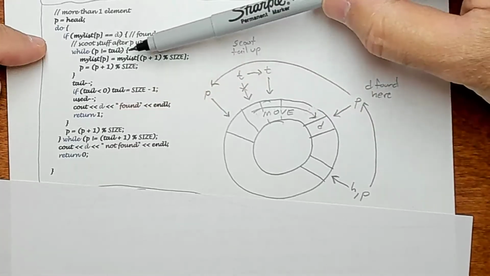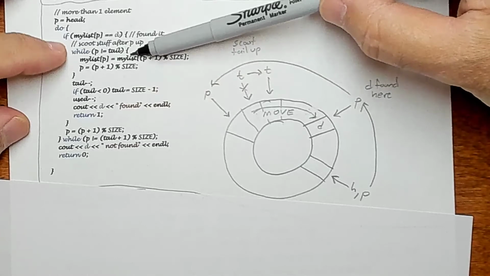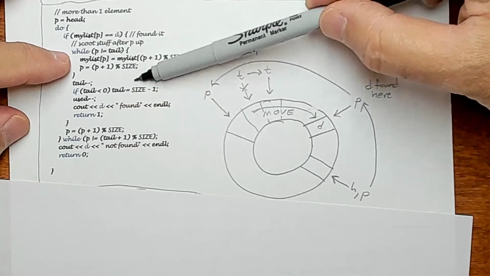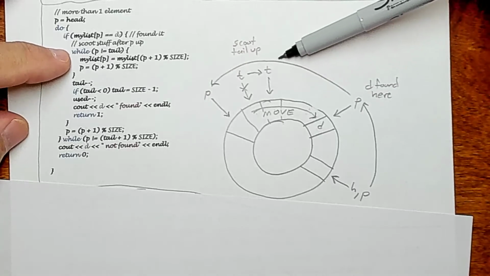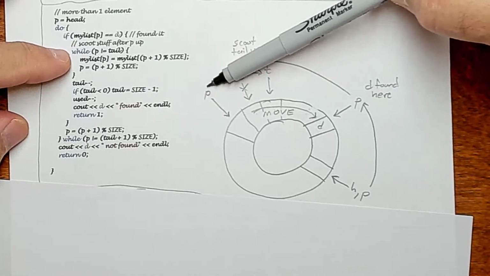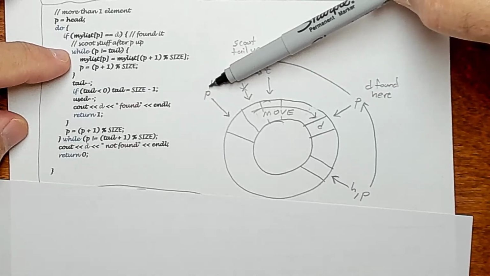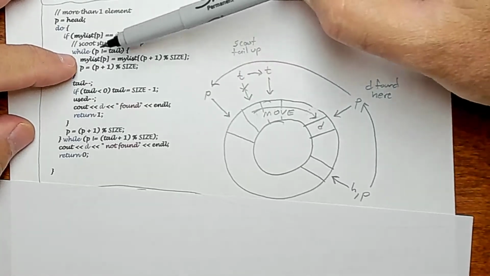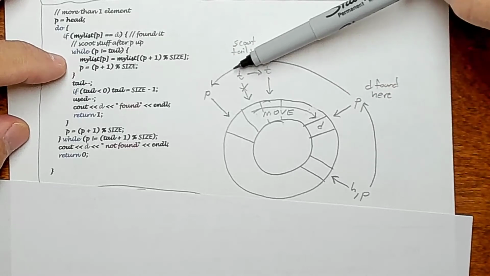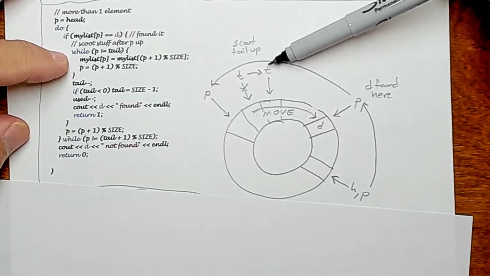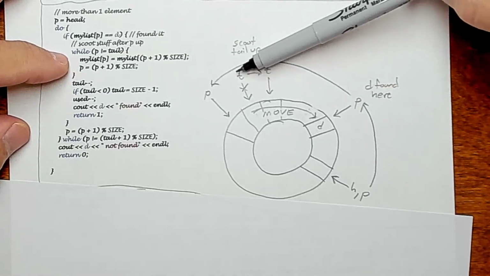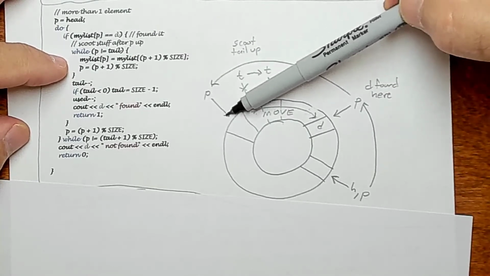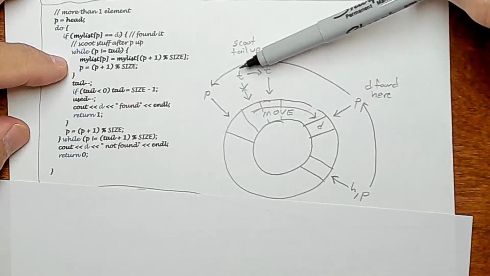All right, and the scooting operation, the scoot stuff after P up, is another loop that continues until P gets to the tail. While P not equal to tail, it continues until P is pointing to the tail. And I think on my diagram, it looks like it's going 1 too far. P would be here, yeah.